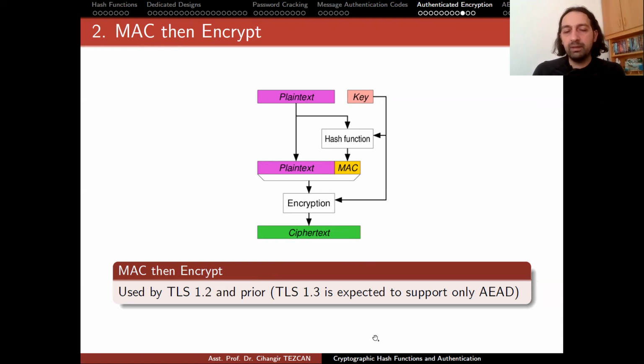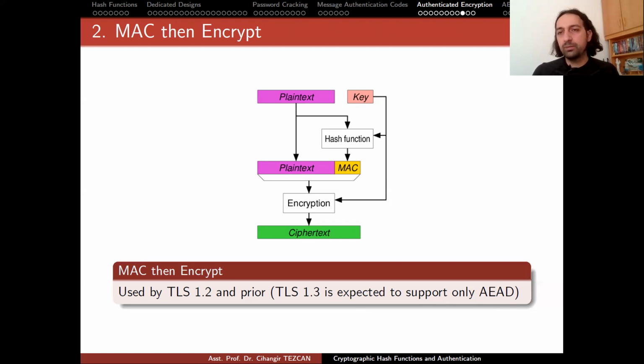When we were talking about TLS 1.3, we said that TLS 1.3 is expected to support only authenticated encryption with associated data. This was our assumption. I also said that at that time there was a CAESAR competition going on, and I thought that one of the winners of that competition would be selected by TLS 1.3 as a standard.